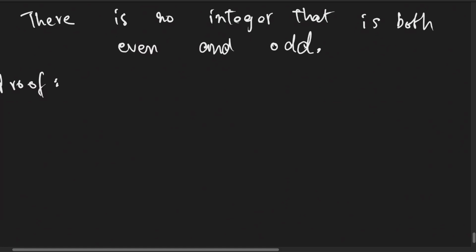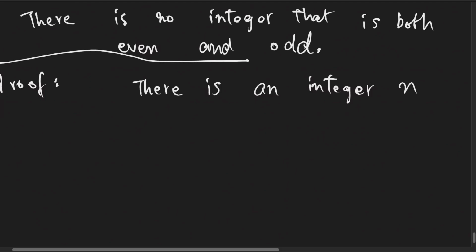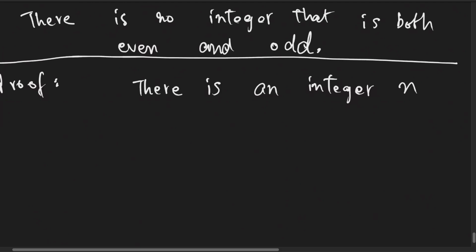The negation of this statement would be: there is an integer, let's call this integer n, such that n is both even and odd.